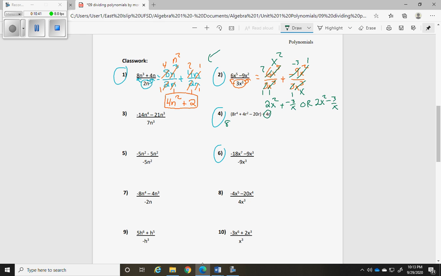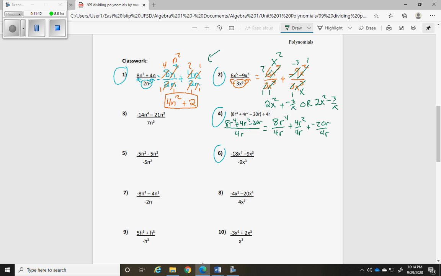It's like I have an 8r to the 4th plus 4r squared minus 20r, all divided by 4r. So if I rewrite it, I have 8r to the 4th over 4r plus 4r to the 2nd over 4r plus negative 20r over 4r.